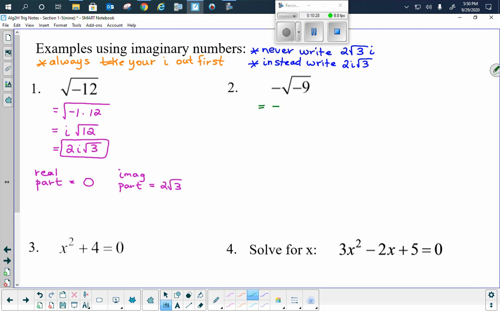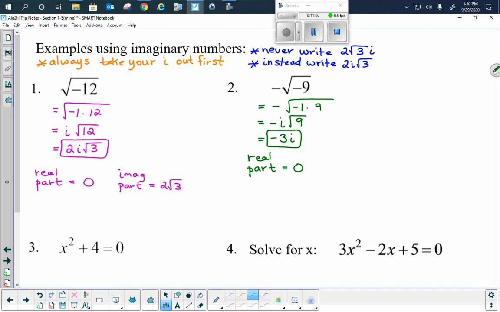So the negative's hanging out front. I need to at least think of this as negative 1 times 9 inside the root. So this is negative. The square root of the negative 1 is going to become i, root 9. Okay. Square root of 9 is 3. So we're going to get negative 3i. There's your final answer. The real part of this would be, think about if it said a plus bi form, what would the real part be?